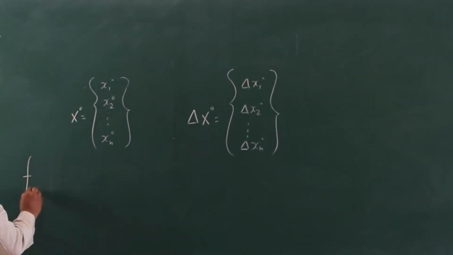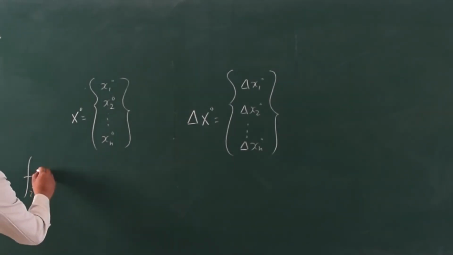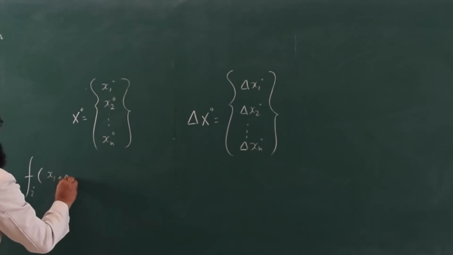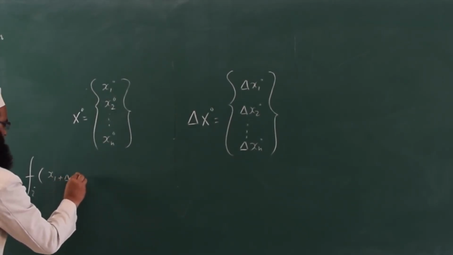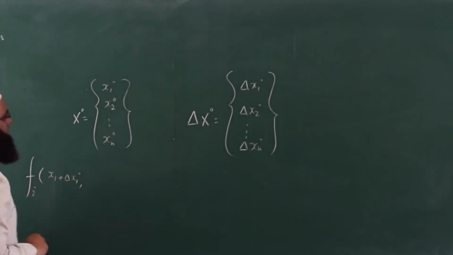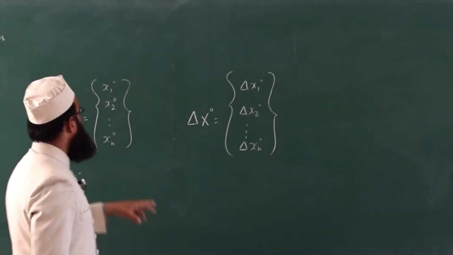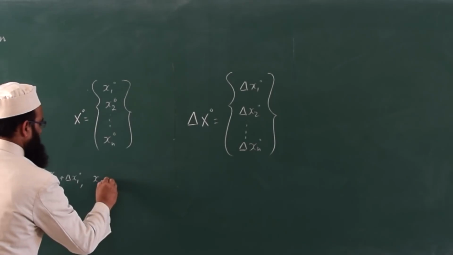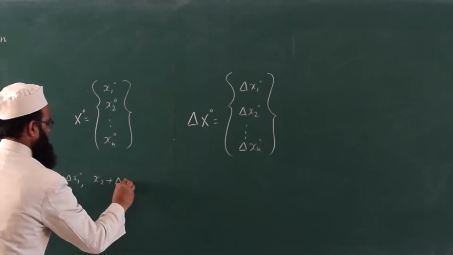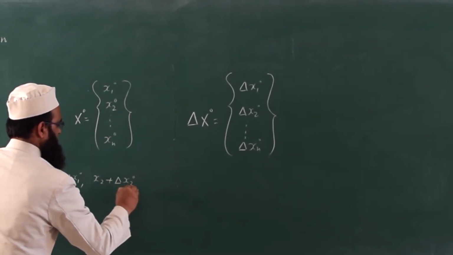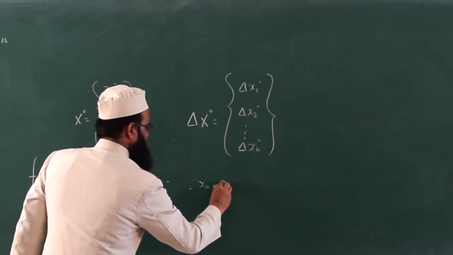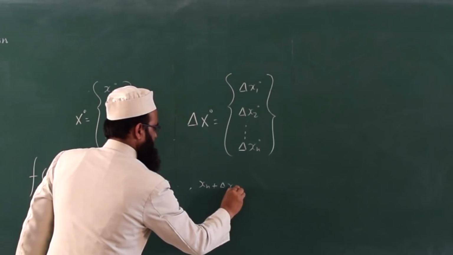Then our algebraic equations can be written with x1 plus del x1 0, that is del x1 0 added to x1 0, x2 plus del x2 0, and so on, xn plus del xn 0.